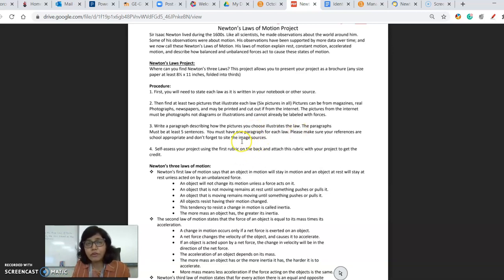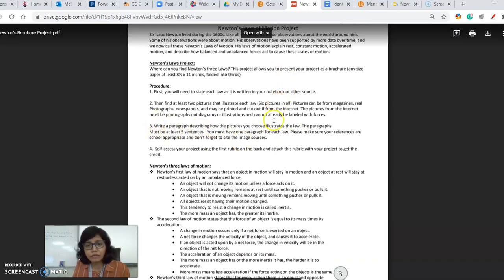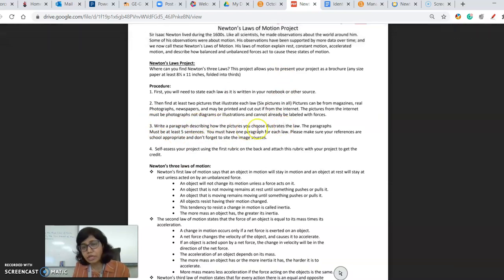But you will have 3 paragraphs. So you will talk about both the pictures in 1 paragraph and then the next one for the next law. So in all, there are 6 pictures, 2 for each law, 1 paragraph for each law. I hope that makes sense. And if you happen to break down your paragraph, 1 for each picture, I'm fine with that. So in that case, you will have 6 paragraphs.